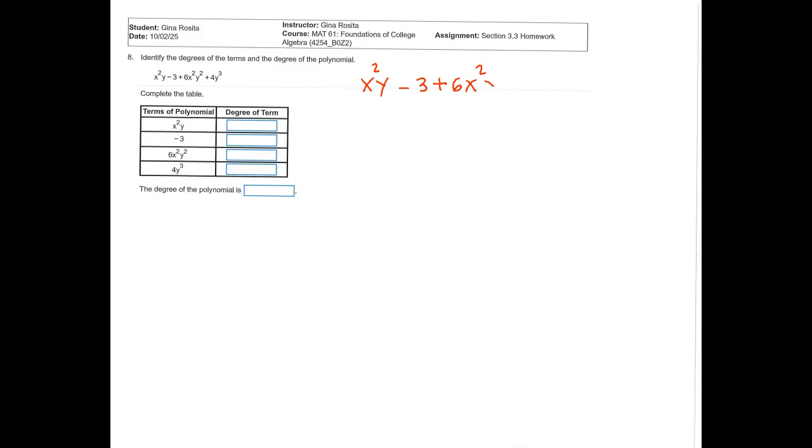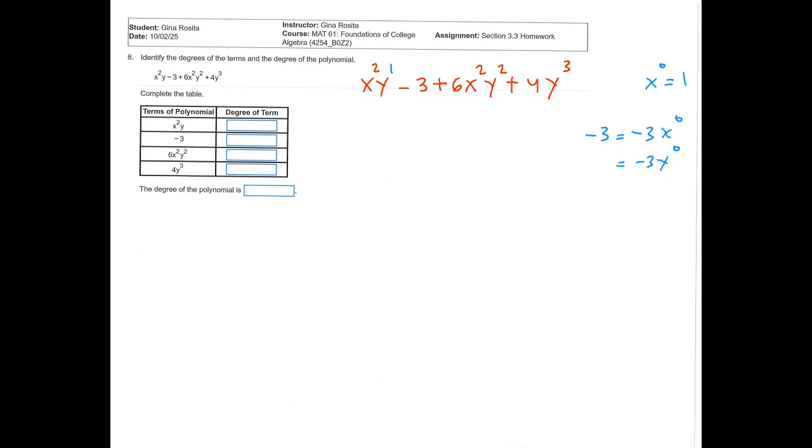Okay, so for this one, I can put 1 over here. Now negative 3 means you can put negative 3x to the 0, or you can write negative 3y to the 0, because the same. Remember, exponent 0 always gives 1.